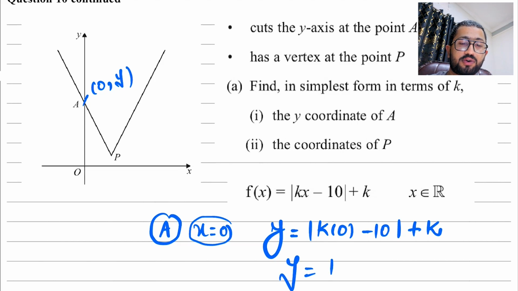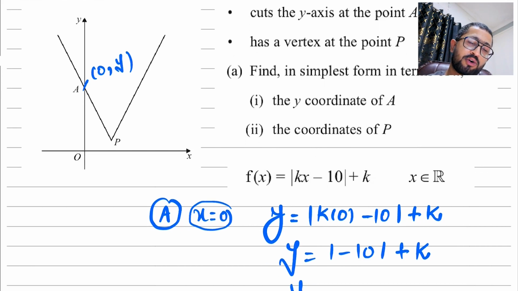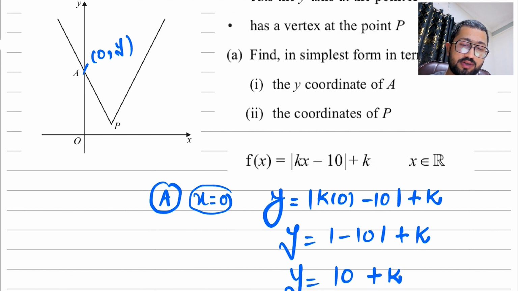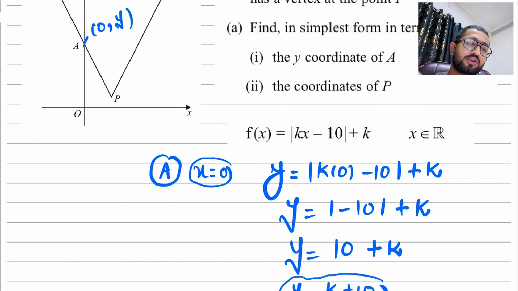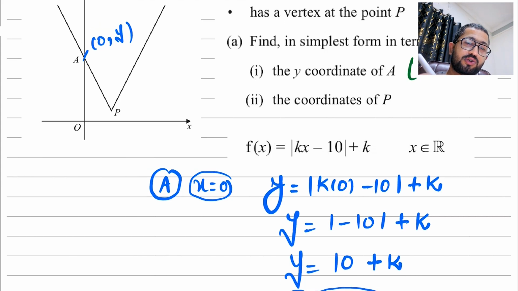It is going to be equal to 0 times k, which becomes 0, minus 10. Yes, everyone knows the modulus of a negative number will become positive. These are the main important features of modulus function. So the y coordinate is actually 10 plus k. So the point A is (0, k + 10).